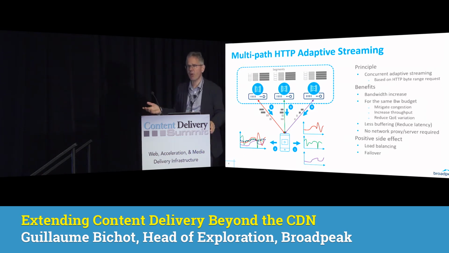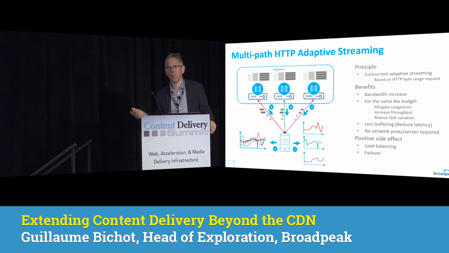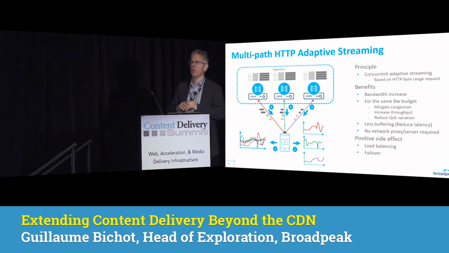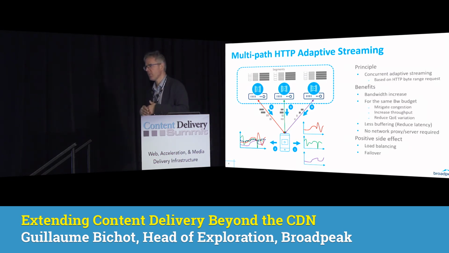So where does this technology come from? We started to talk about multipath streaming around 2004, 2005, when most of the streaming solutions were based on UDP at that period. The problem with streaming over UDP was that the solutions experienced a lot of packet losses, and the server didn't control anything about the bandwidth, so that was terrible.